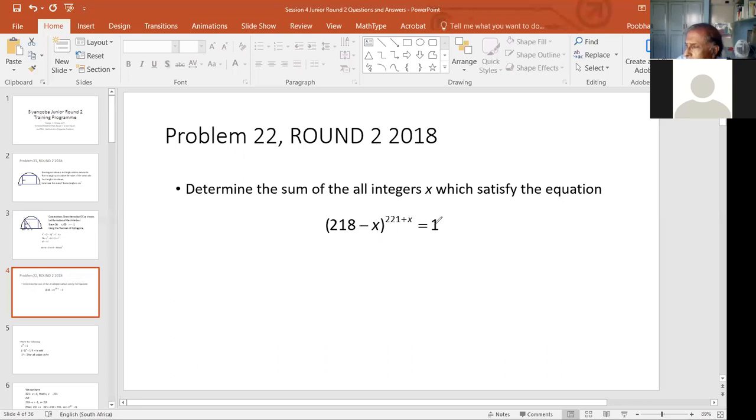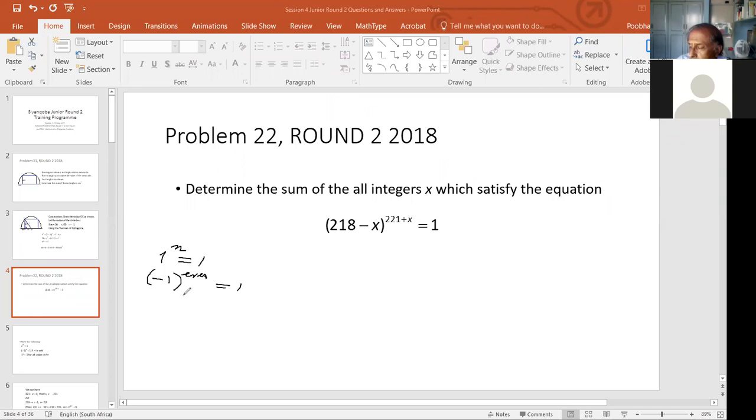Now, which number raised to a power is equal to 1? There are only two possibilities. 1 raised to any power equals 1, right? I'm saying n is the index. Or even minus 1 raised to an even power gives you 1.